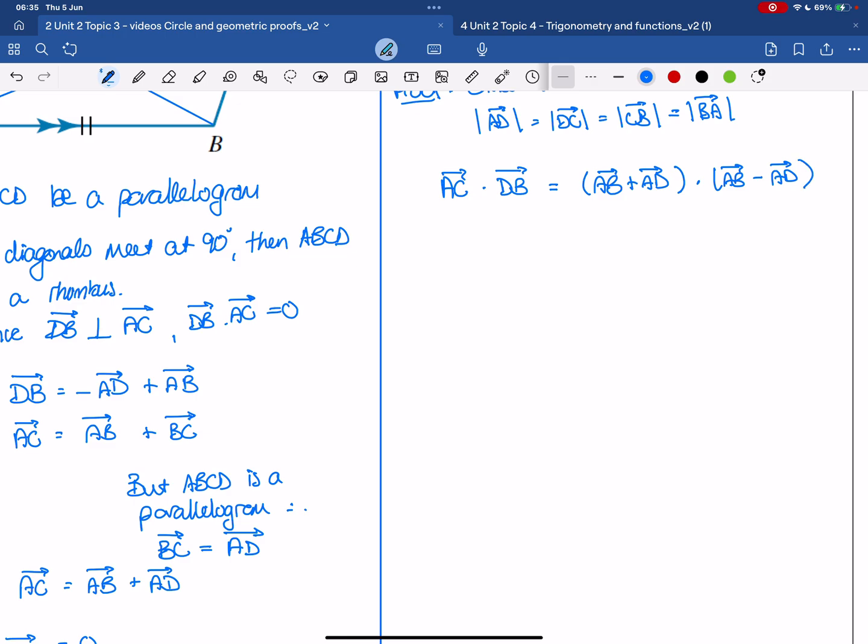And if I dot those, I'm going to end up with the same as I had before. So the magnitude of AB squared minus the magnitude of AD squared.